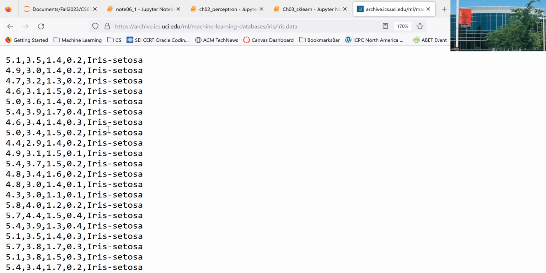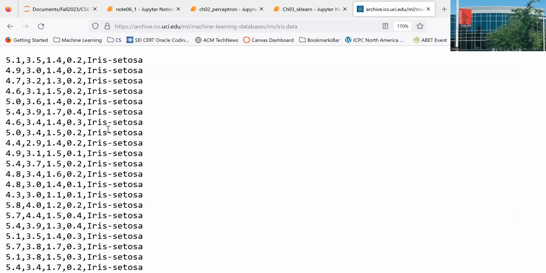And what is the last one? We have x1, x2, x3, x4, those are 4 features. And the last one is a string, like iris, the flower class. So it has features and it has a class.